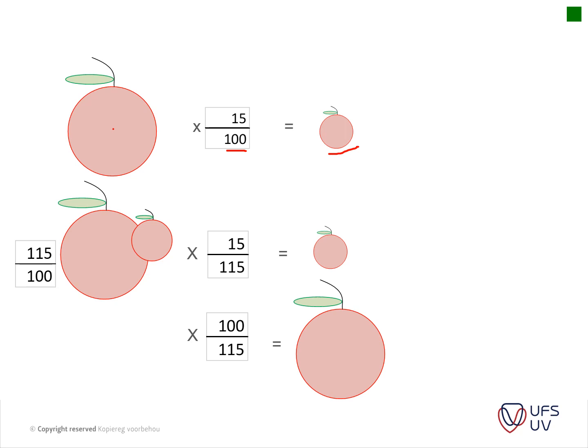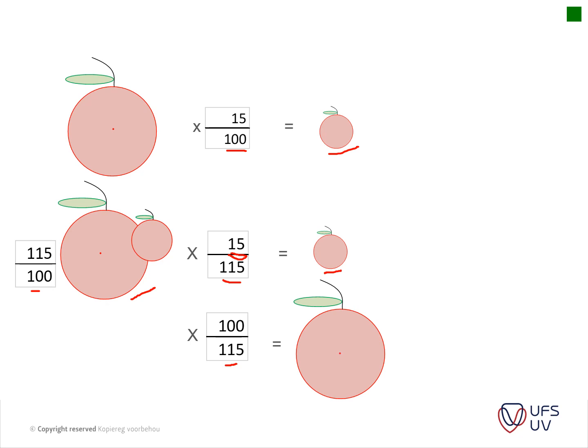Now what that means is if you add that to your original amount, you have 115 over 100, because you've added the 15 to your original amount. So if you want to take this out, you have to times it with 15 over 115, because this now includes 115, to get your 15% here again, and vice versa. If you want to get your 100% out of this, you just times it with 100 over 115.